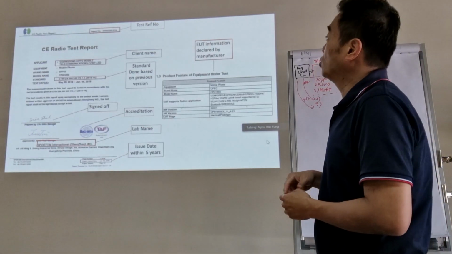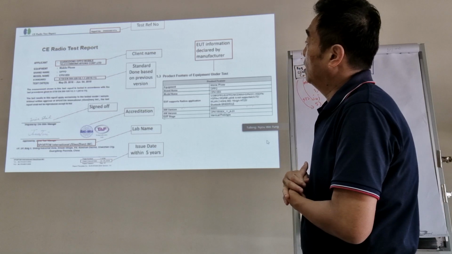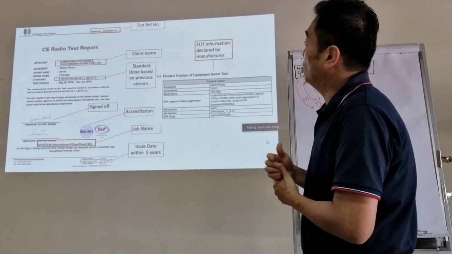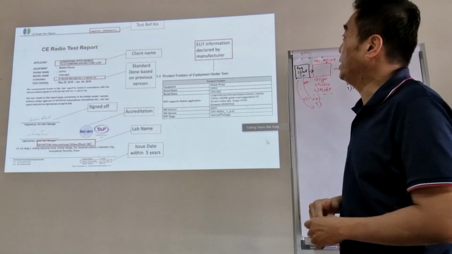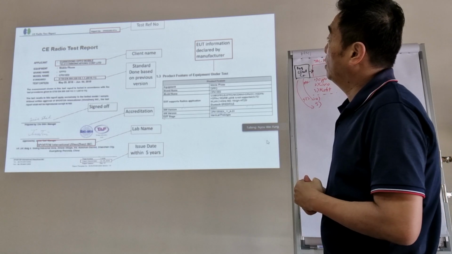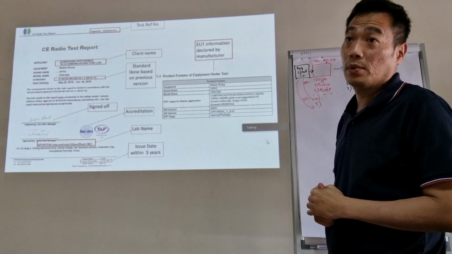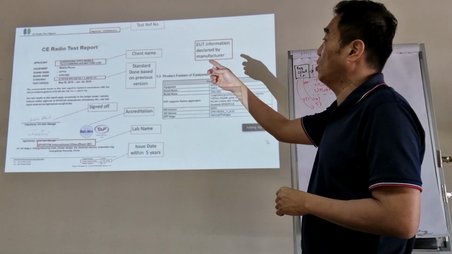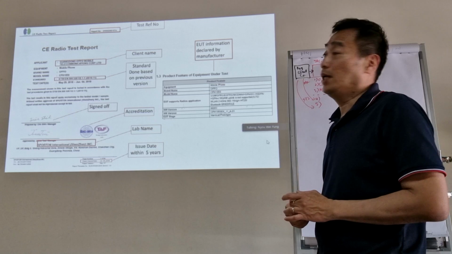Alright, so if you do a comparison, this is the CE radio test. First thing first, you must look at the test reference number. This is where we always check, make sure it is the correct test number. Then we check the client name, especially if it's Guangdong Oppo Mobile, they apply it, then here it must be the Oppo one.